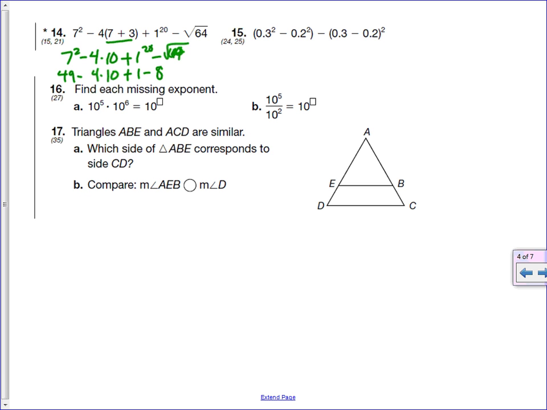After exponents, we do multiplication and division. And so we'll do 4 times 10. And after we've done all the multiplication and division, we add and subtract from left to right. So we would do 49 minus 40, which is 9, plus 1, which is 10, minus 8, which is 2.